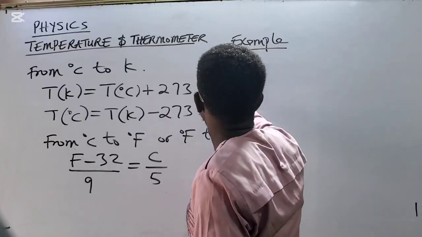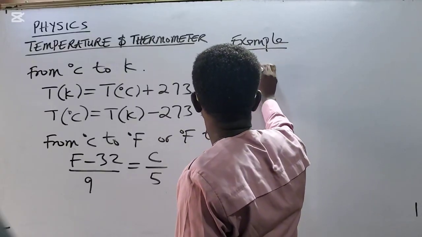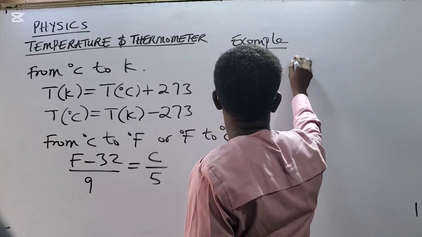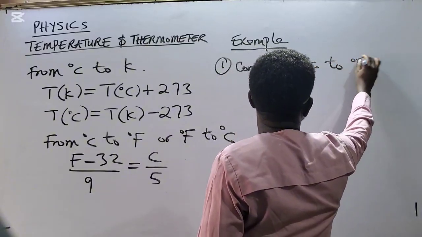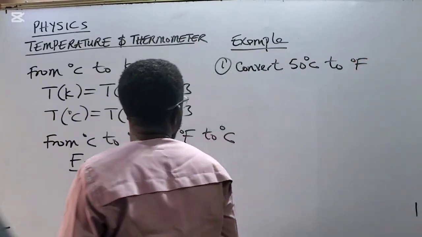Example 1. You have to convert 50 degrees C to degree Fahrenheit.